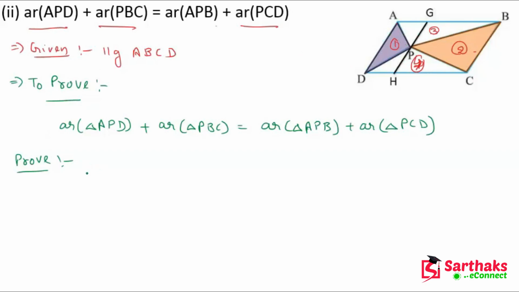Now we know that these 4 triangles, if we add these 4 triangles, we get the area of this parallelogram.